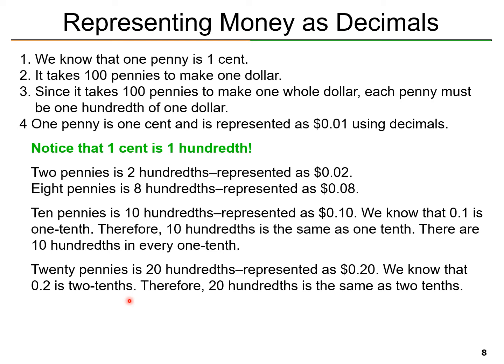Now, what about 15 pennies? How do we represent 15 pennies? 15 pennies is the same thing as 15 hundredths, which would be 0.15.